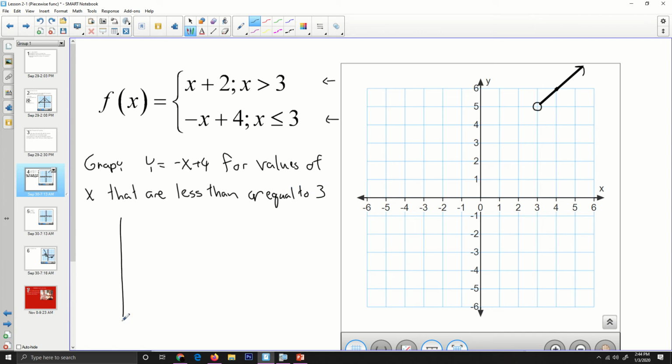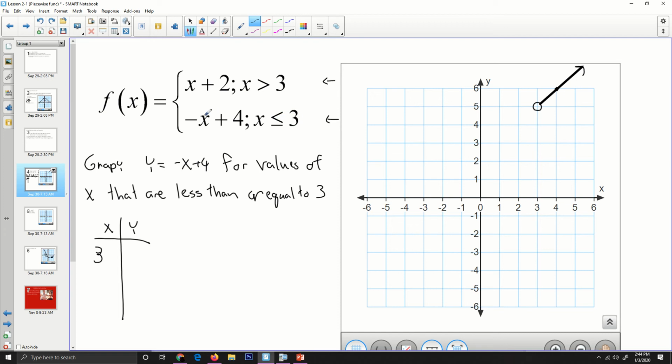And so again, we're going to make ourselves an xy table, and -x plus 4 is a linear function, so we really only need two values, and I'm still going to pick 3. Why? Because 3 is one of those transition points. It is where it transitions from one rule to the other.